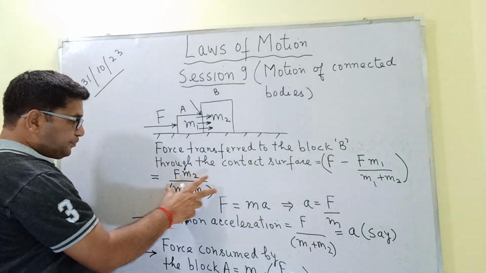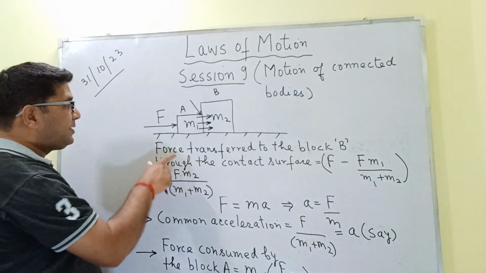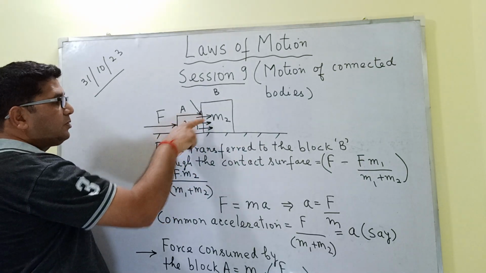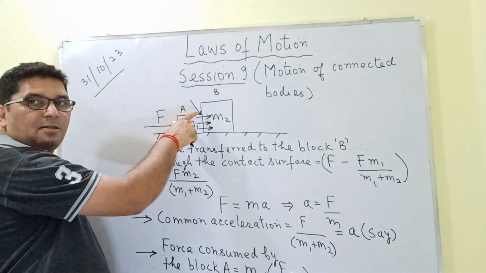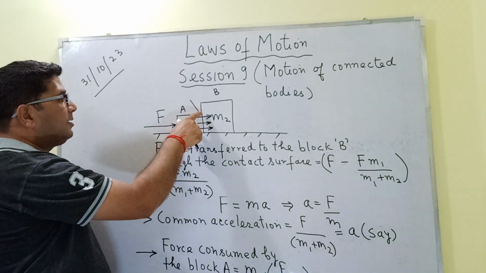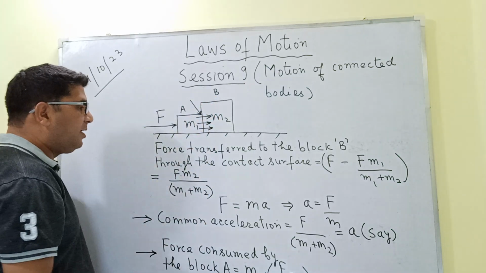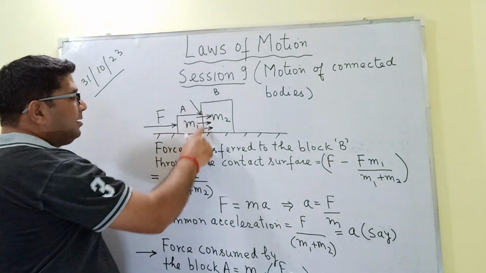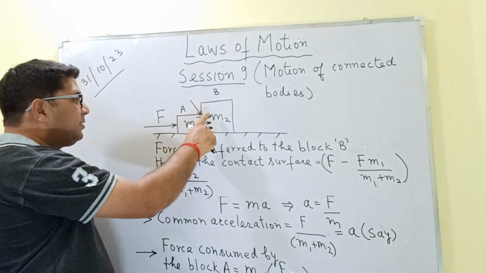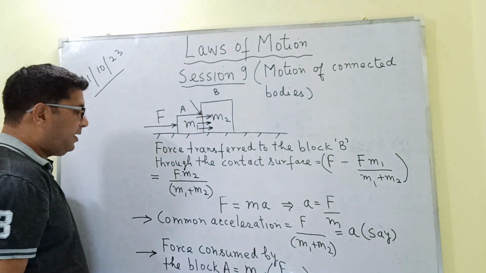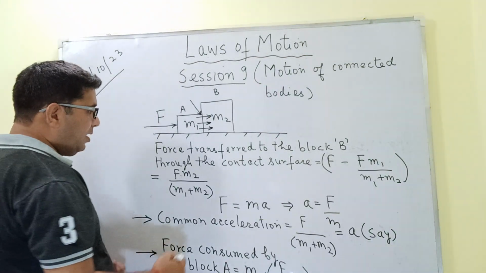Since this force is getting transferred to the block B through this contact surface, that is the interface between block A and block B, we can say that the force at the common contact surface will be equal to F m2 divided by m1 plus m2.